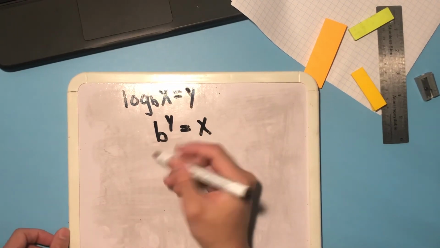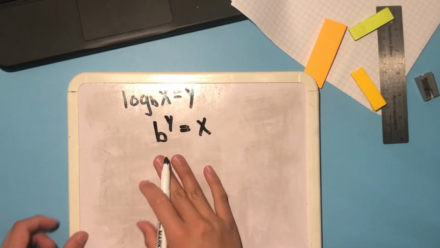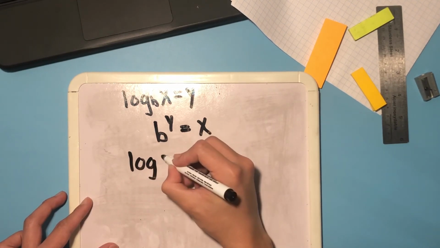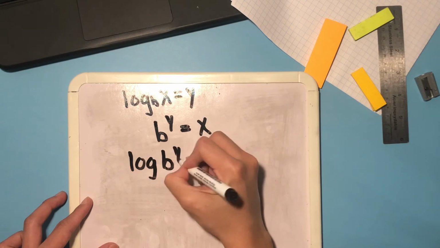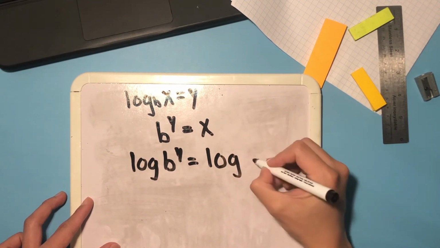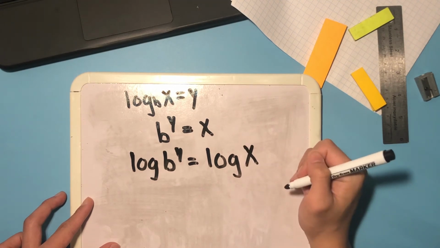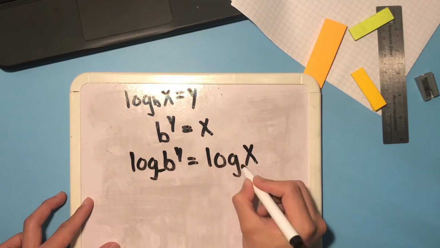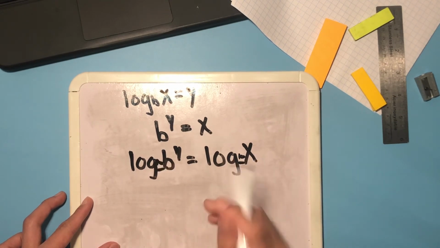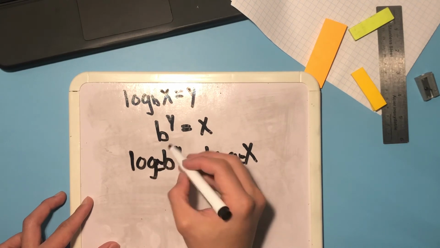Now, from here, you can go ahead and take the logs of both sides. So log to the base of whatever of b to the power of y equals log to the base of whatever of x. Now, if you still can't see it, you can always assume that the base would be 10. However, the base can be any variable, considering that it will cancel out later.